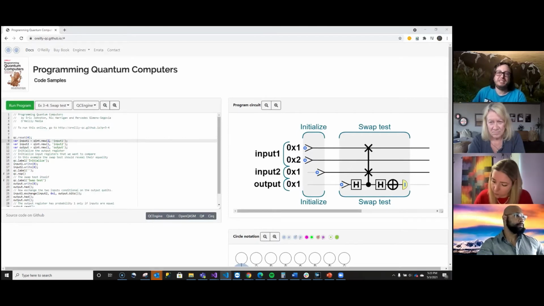Being abstract, a register is just a set of those bits, a contiguous set of bits. In this case, it's a contiguous set of qubits. Okay. Thank you both.